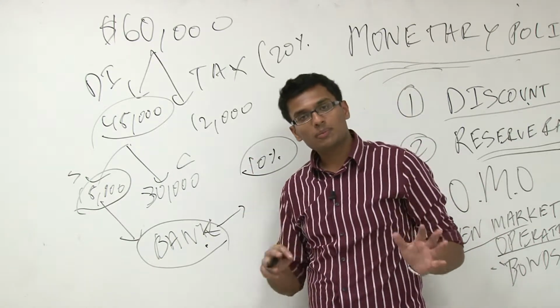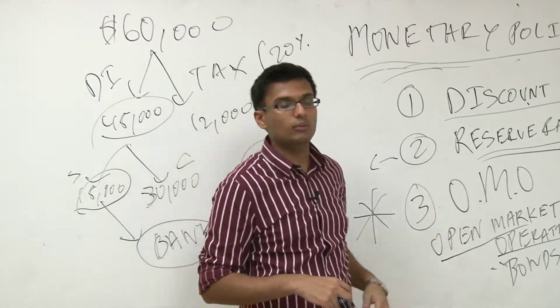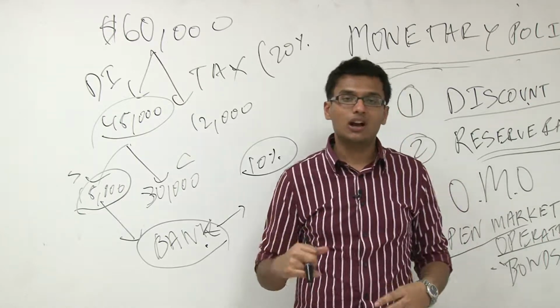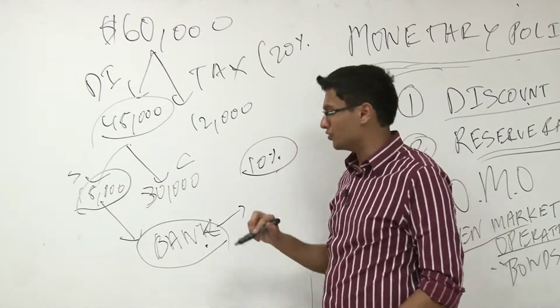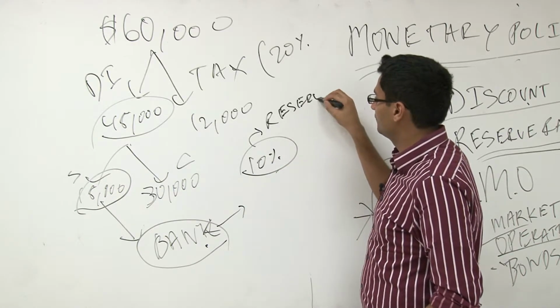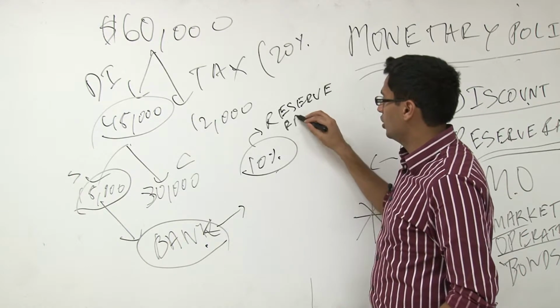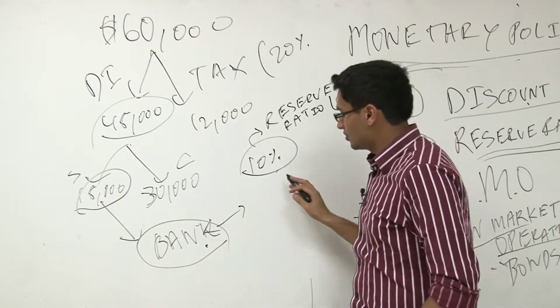That's the thing we talked about: the reserve ratio is something they control, and we'll tell you how that affects the economy a little later. For now, understand that the Federal Reserve says 10% is the reserve ratio, known as RR.